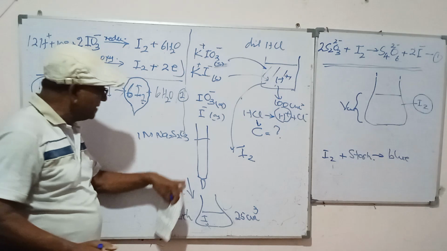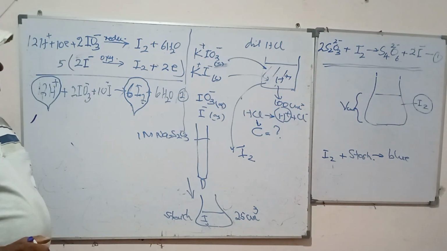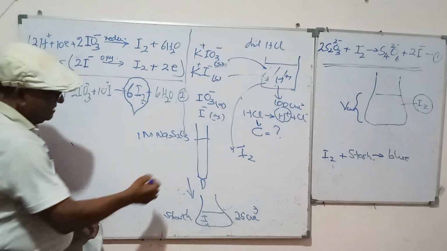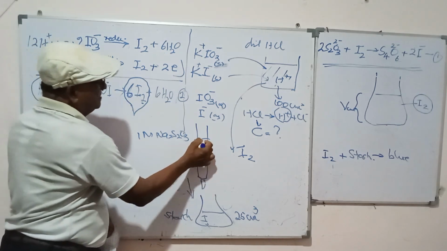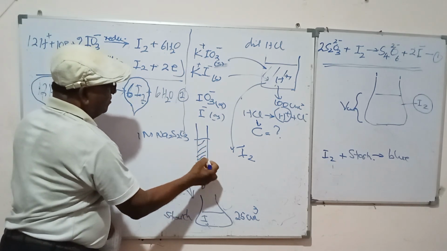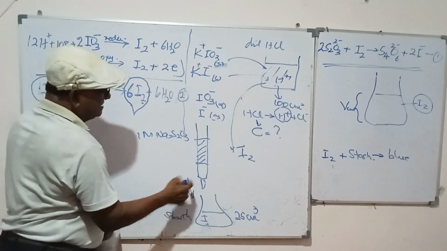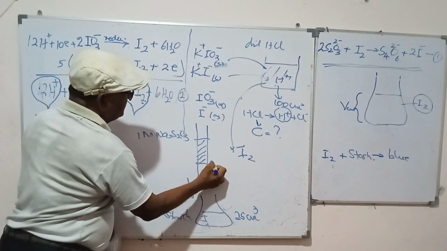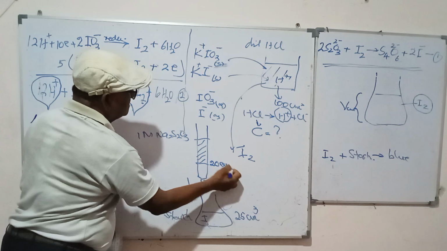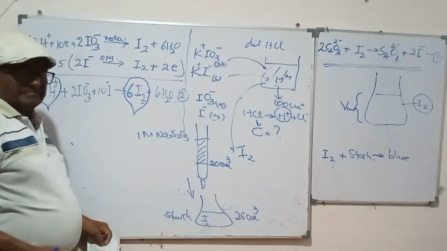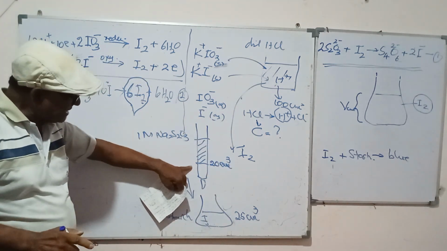Now this is the iodometric titration. Then we can read the volume of thiosulfate required. If we assume 20 cubic centimeter, then the reading should be taken.